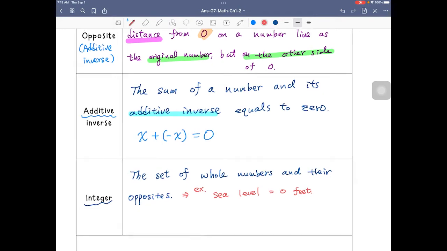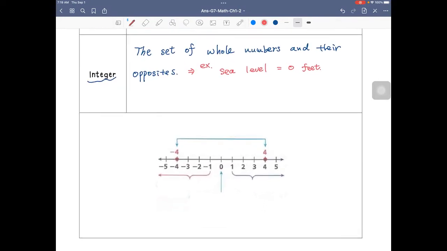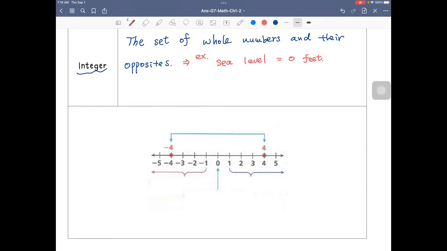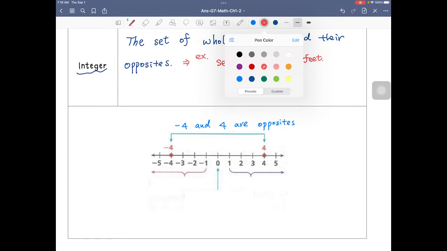Okay, so now I want to talk about the relationship of the numbers on a number line. Now I have -4 and +4. They are actually opposites. 0 is neither positive nor negative. It serves as the point of reflection, in the center.